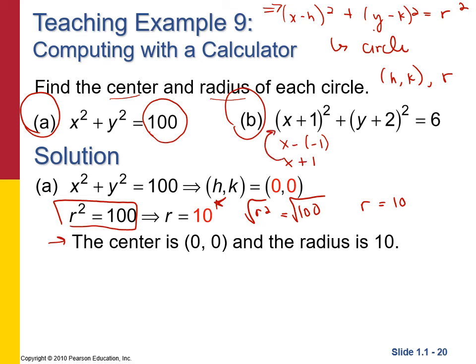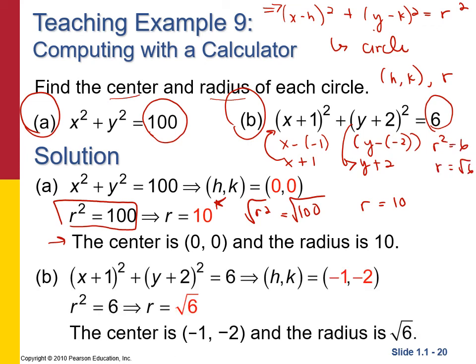So our h is actually minus 1 for B. And here, it's y minus a minus 2, which gives us y plus 2, which is what we have here. So our k is negative 2, and r squared is equal to 6, so r is equal to root 6.